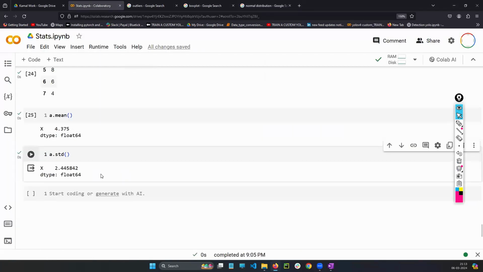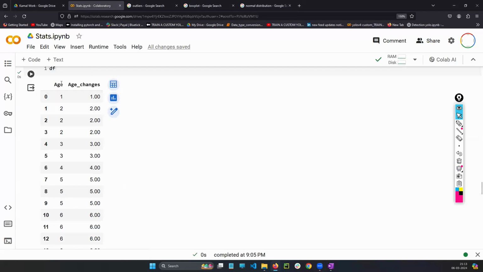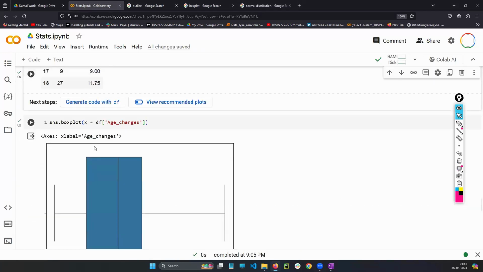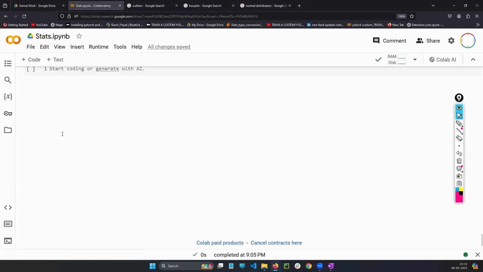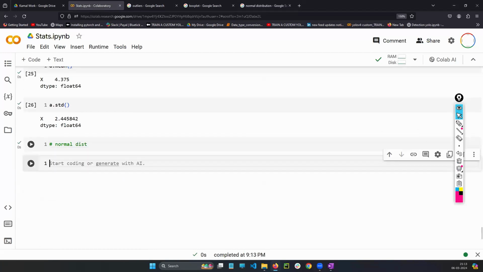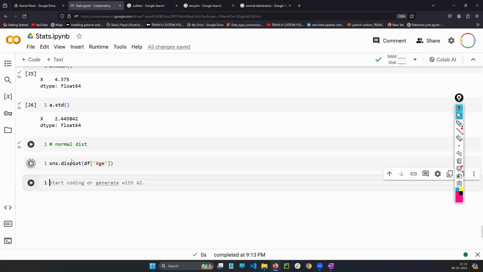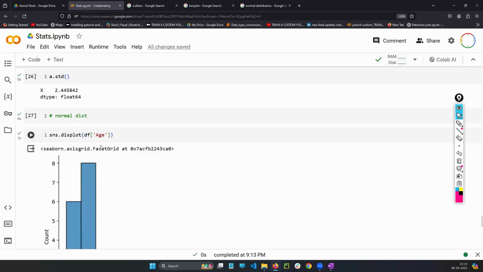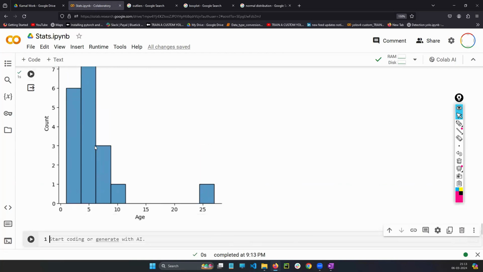So for example, whatever data I created in the age, if I implement normal distribution, a bell curve, in the age column, I think in the C1 we have a visualization called dist plot. If I give the age column data to this dist plot, it is going to show you a histogram basically.